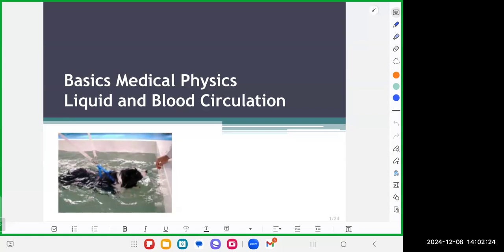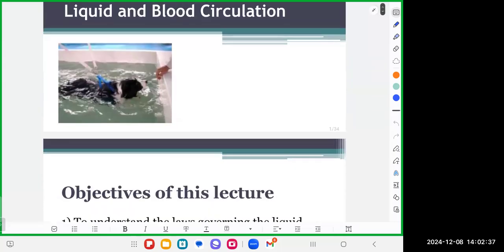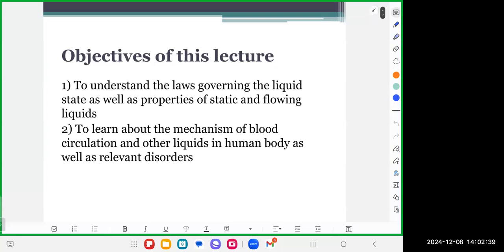For the first time, liquid and blood circulation would be the lesson for today. The objectives are, first, I would like everyone to understand the basic laws about static and flowing liquids.